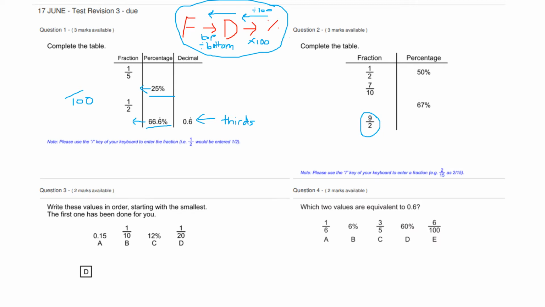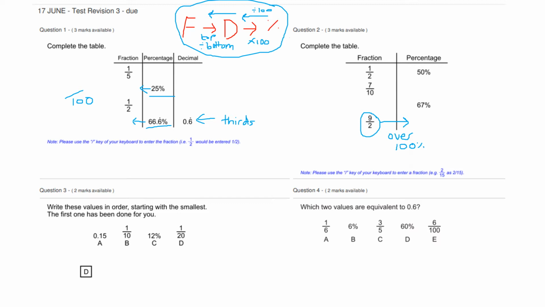So this one here, the percentage is going to be over 100% because it's a top heavy fraction. Okay, so when you get your percentage, you might think that's not possible, you can't have more than 100%, but you can. So this one's going to be over 100% when you fill it in.